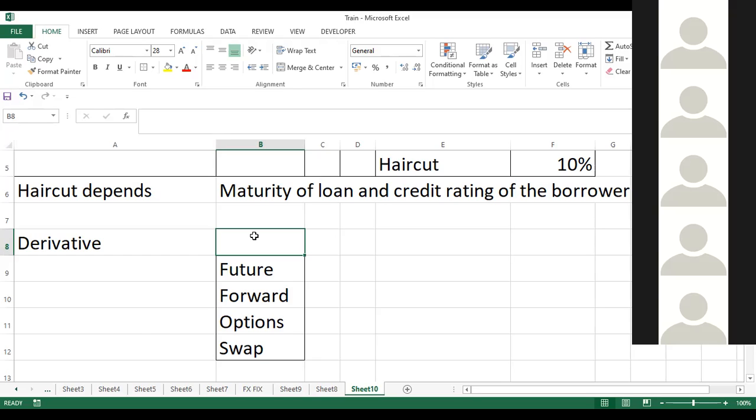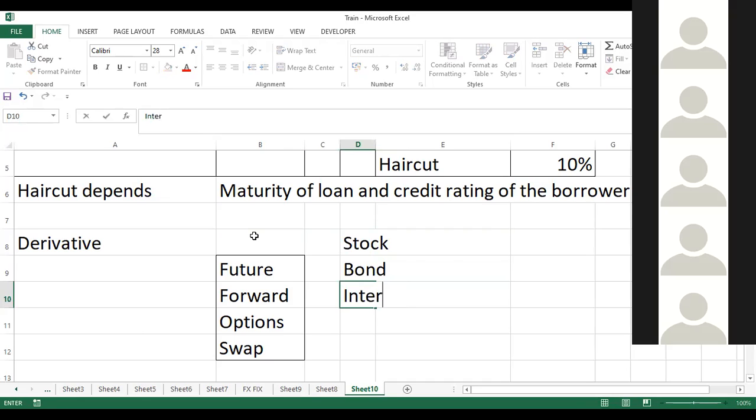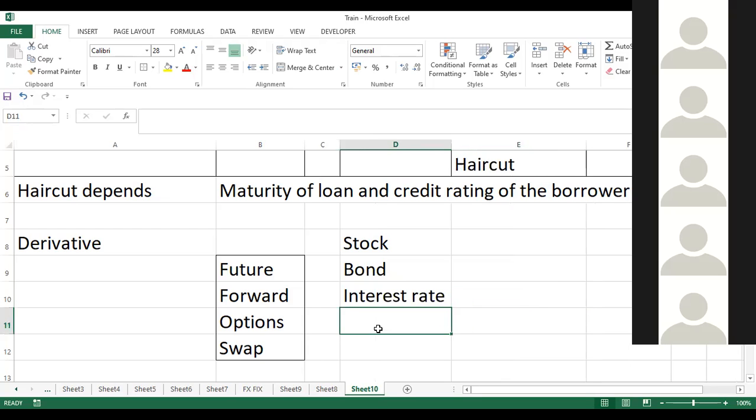So it is a financial contract between two parties, and this financial contract is deriving its value from the underlying asset. The underlying asset can be your stocks, your bonds, interest rates, or foreign exchange, FX.